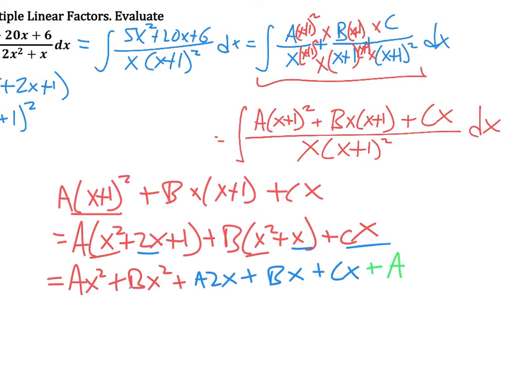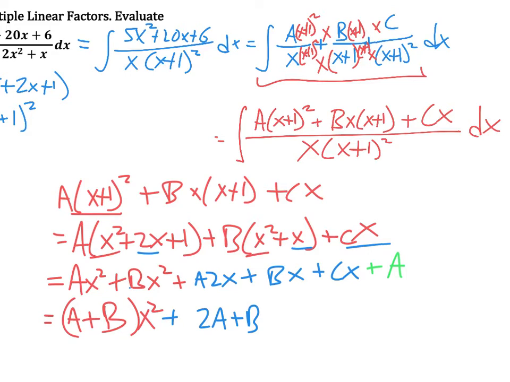Now, let's do a little factoring. Here we have x squared times a plus b. We factor. And then we've got, pull out the x. We've got 2a plus b. Oh, I forgot the c there.